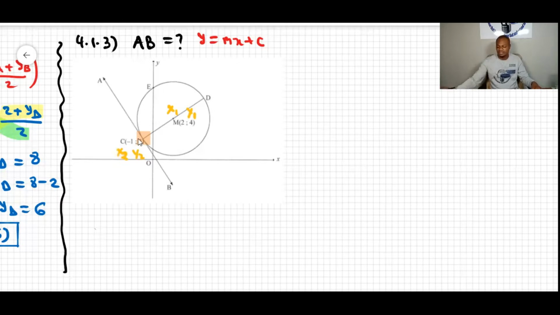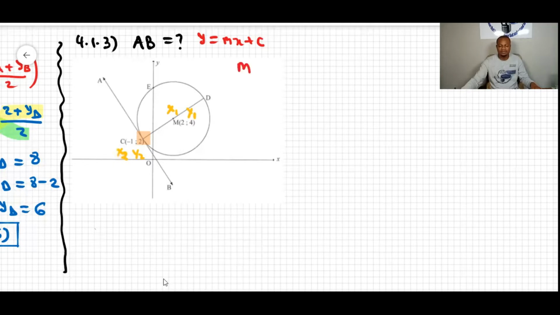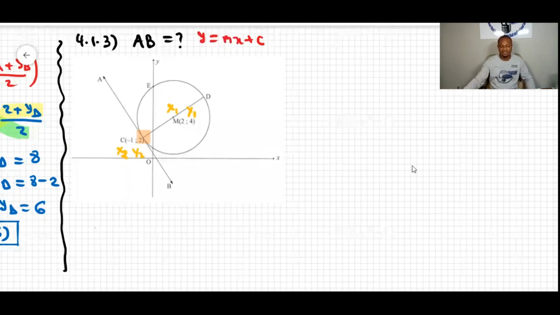There's a property that says the tangent to the circle is always perpendicular to the radius. What that means is that the gradient of the tangent line will be equal to negative 1 over the gradient of the radius of the circle.